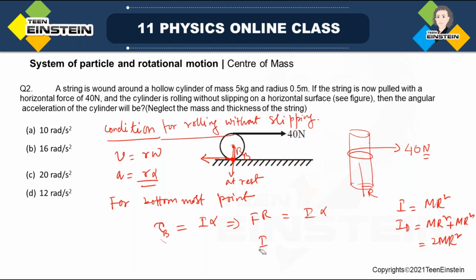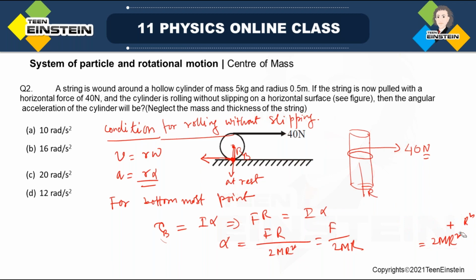So we actually have to find out alpha. How do you calculate alpha here? F into r divided by I, which means 2mr square. Okay, that means F by 2mr. Now if we put the values of this, F is equal to how much? 40 Newton.